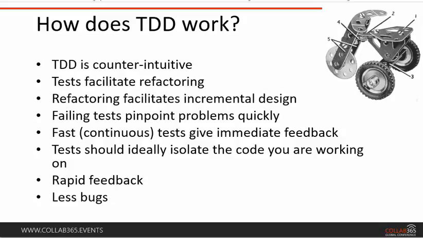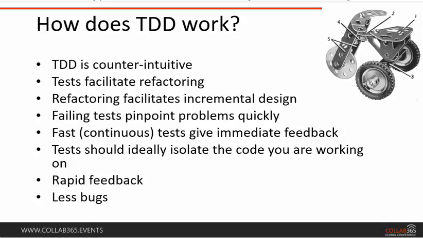Failing tests also are very good at finding your errors, particularly as they usually fail immediately after you make the mistake. So you just know straight away what the problem was, and certainly the longer the time period between when you made the mistake and when you discover it, the easier it is to fix the error.